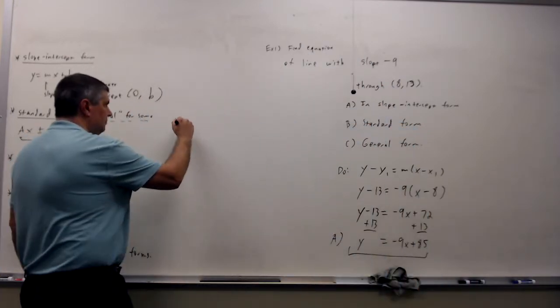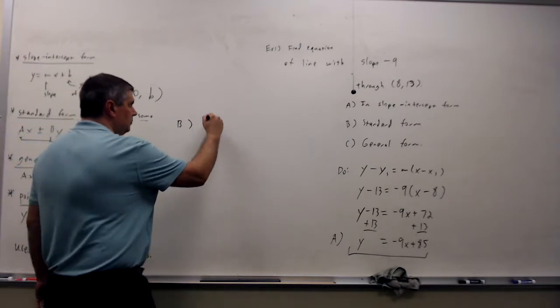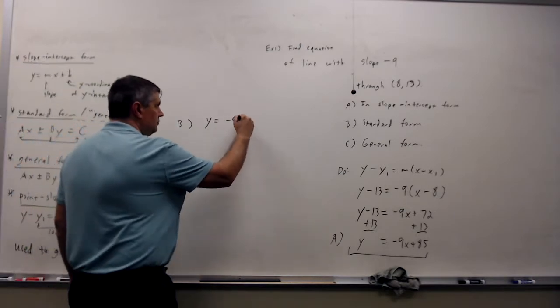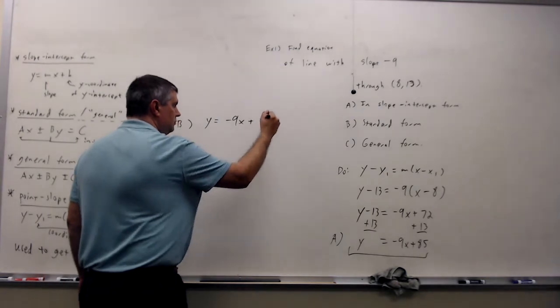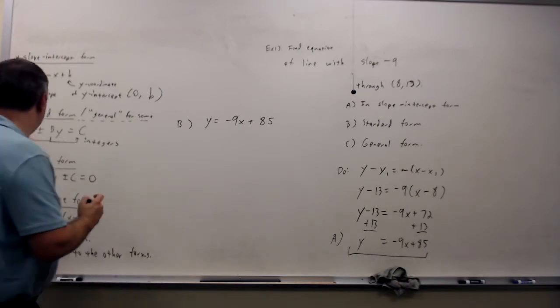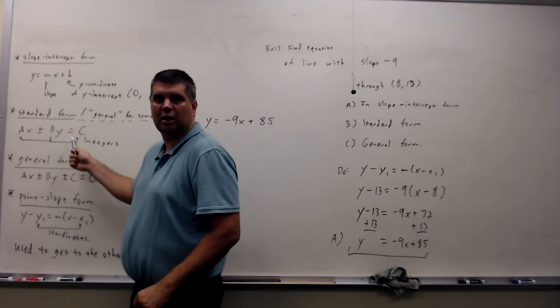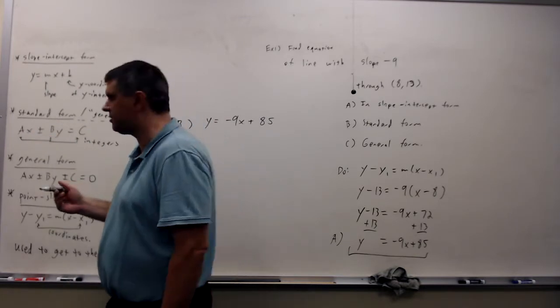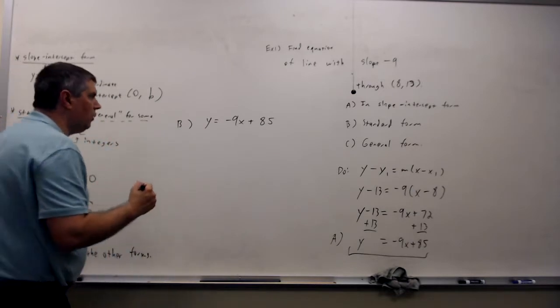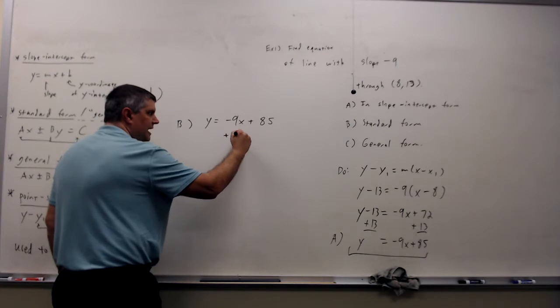B. Standard or general form. You want to get it in this form where the x term comes first: x first, y second, a number last. So I want to get the 85 by its lonesome, so I'll add 9x to cancel.